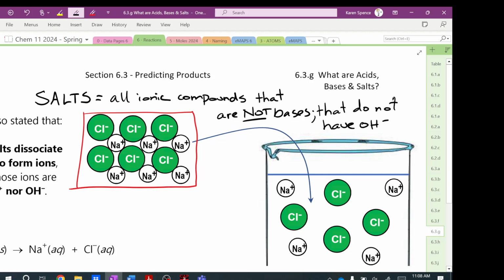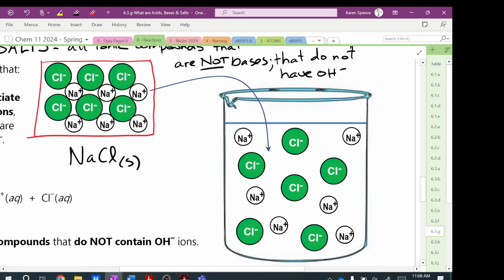And here's our most famous ionic compound of all, NaCl. So this is NaCl solid. What state does it become when we dissolve it in water? NaCl aqueous. And how would we describe what happens to the salt when we dissolve it in water? We would say that the salt dissociates, okay?